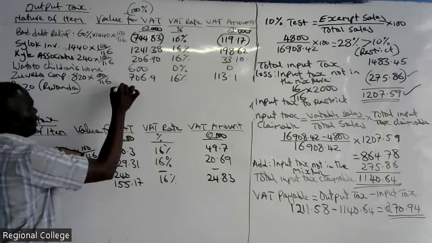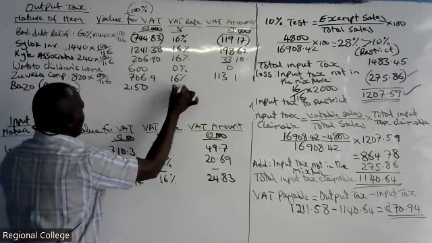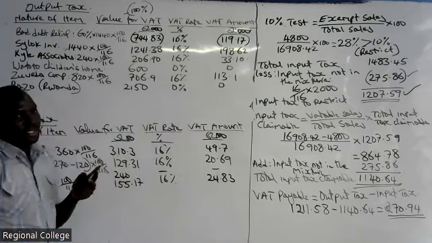The value is 2150. The rate is 0%, right? The amount is 0.